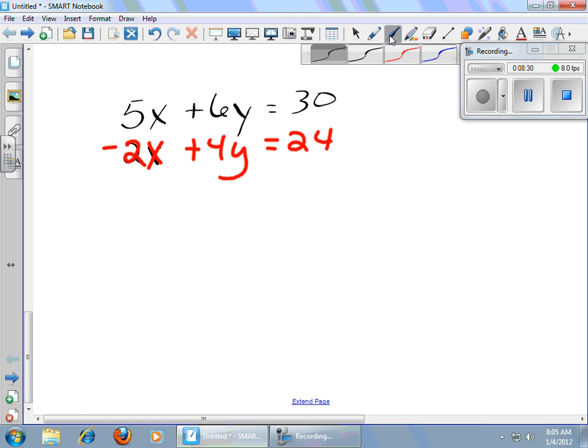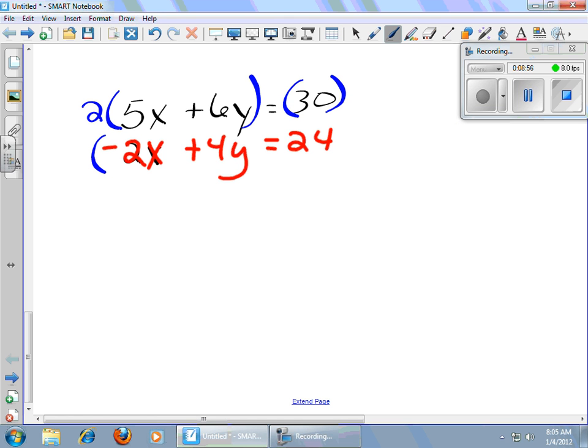Getting rid of the x's would mean my least common multiple of 5 and 2 would be 10. I have to turn both the x coefficients into 10. The least common multiple of the y's would be 12. I think I'm going to do my x's. So I'm going to multiply this top equation by 2, and the bottom equation by 5.